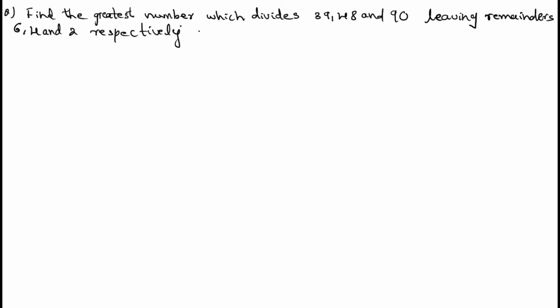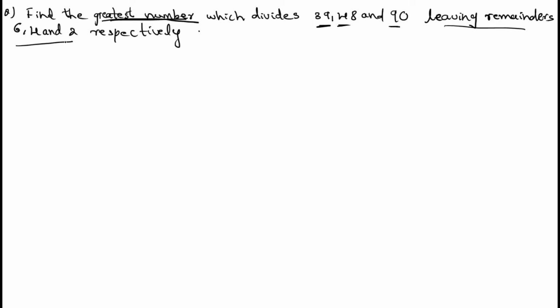See the next question. Find the greatest number which divides 39, 48, 90, leaving the remainders 6, 4, 2 respectively. Itself says greatest number, which means you need to find the HCF, which divides 3 numbers leaving the remainder.